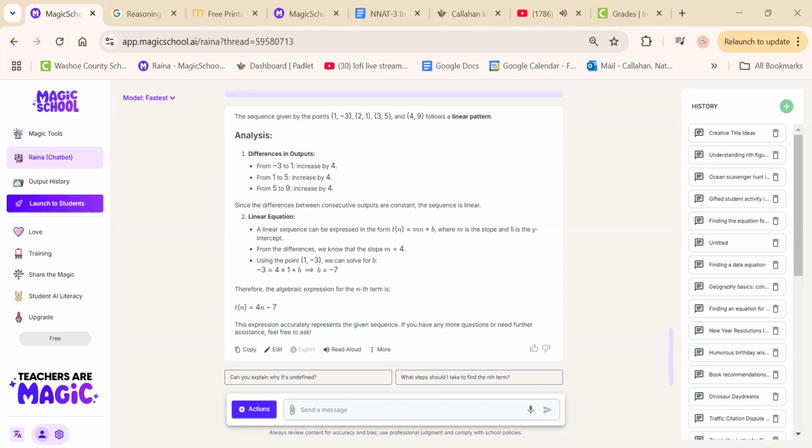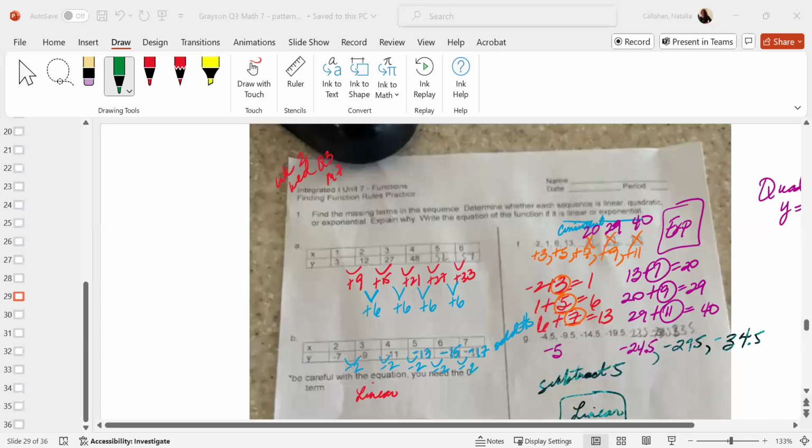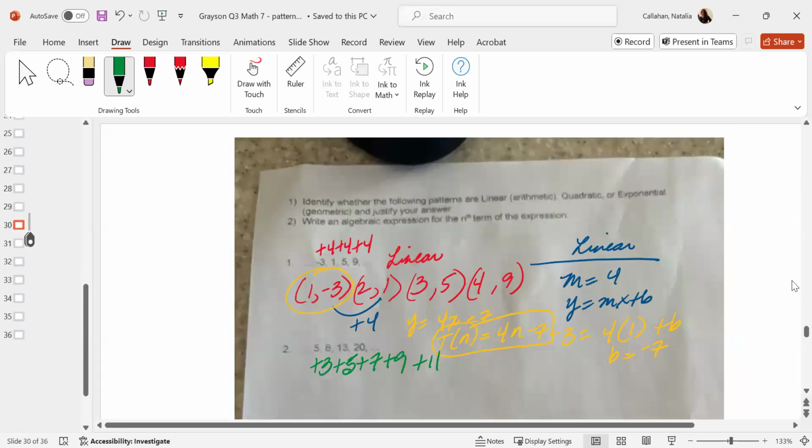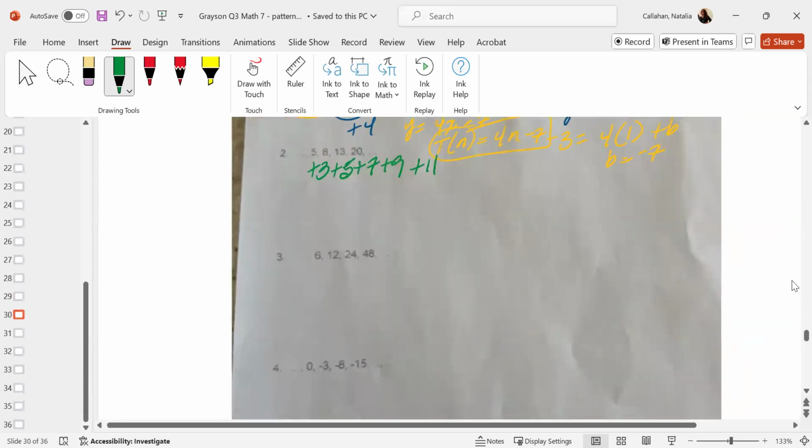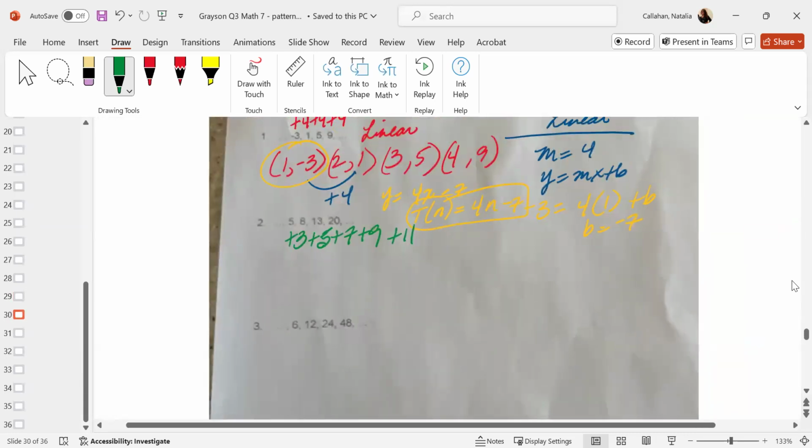And then 11. All right, go ahead and finish this. Okay, so for this one, it's 3, 5, 7, 9, 11, correct?